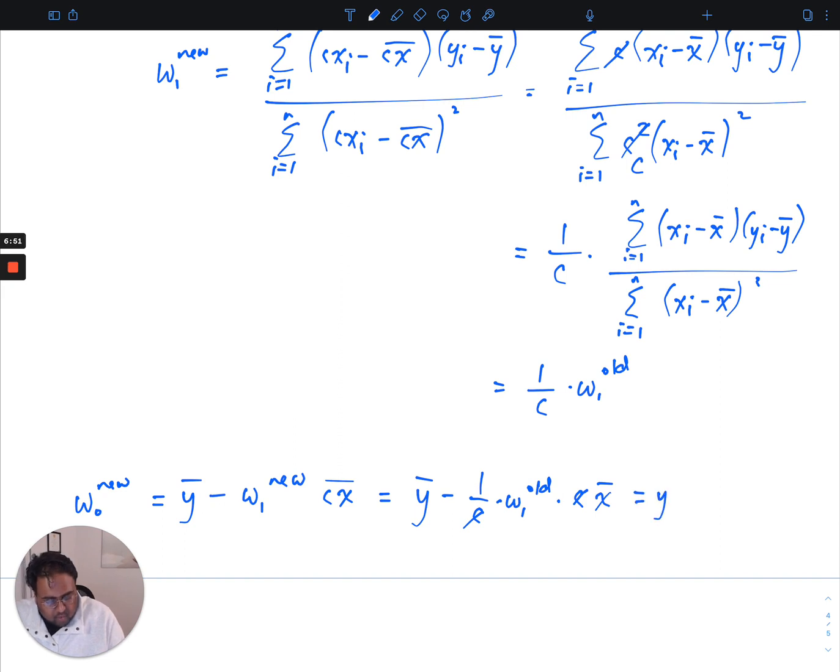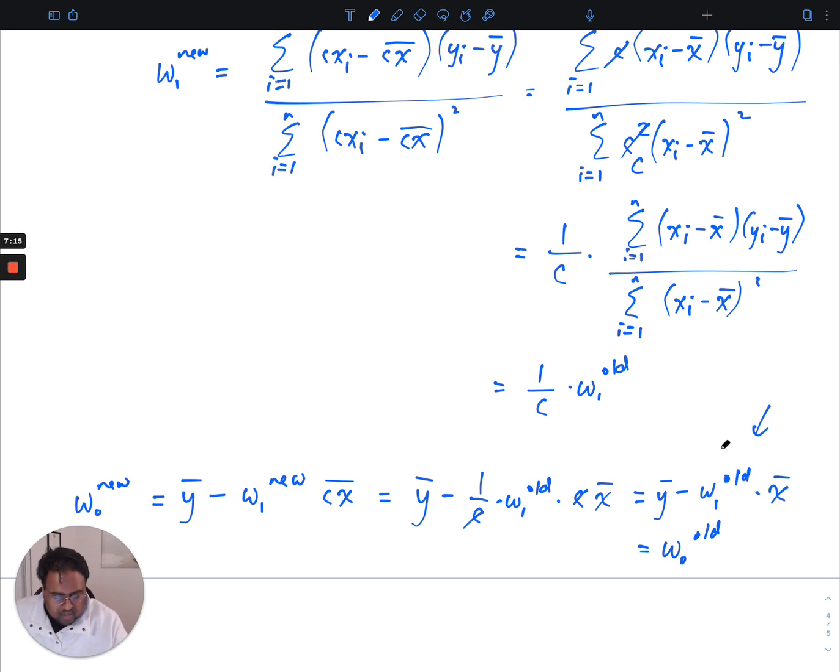So I'm left with y bar minus the old slope times x bar. And that's exactly the formula for the old intercept. Right? There's no c involved here at all.